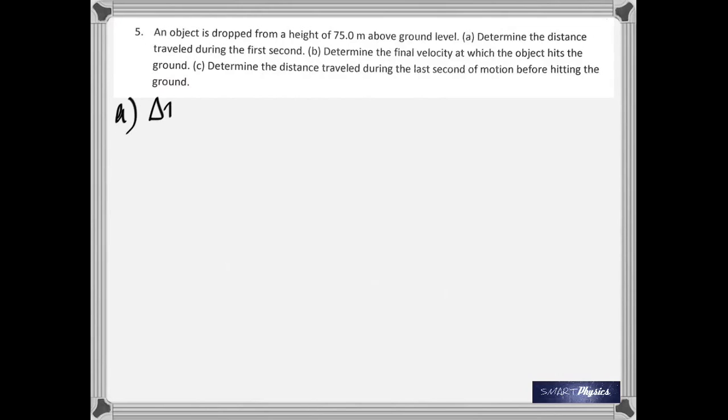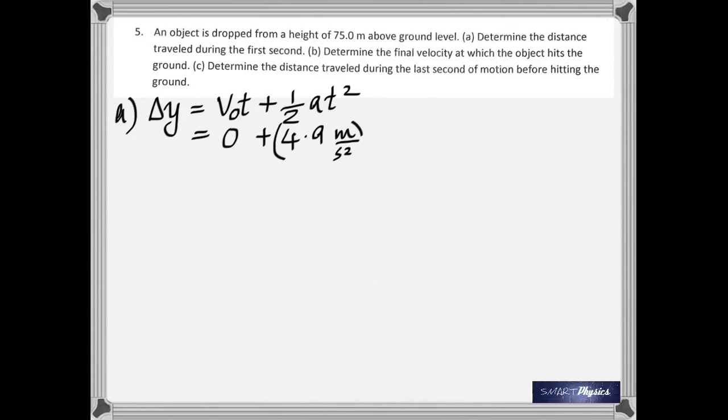Okay, so you got to find the distance, delta y, it's v naught t plus 1/2 a t squared. Initial velocity is 0, making the whole first term 0, and then half times 9.8 is 4.9. And you have to find the distance during the first second, so time is 1 second. Which gives 4.9 meter.